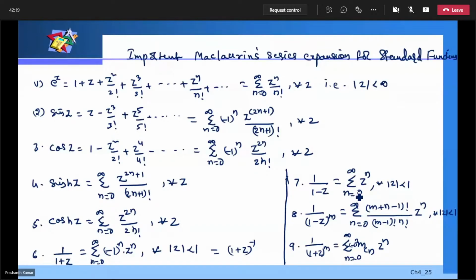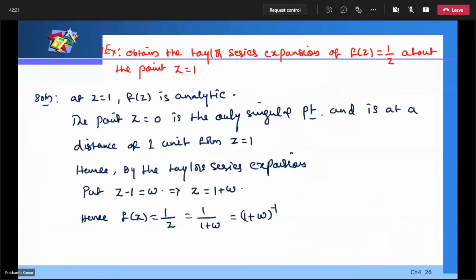So this is equal to 1 minus w plus w square minus w cube plus and so on, for mod w less than 1.